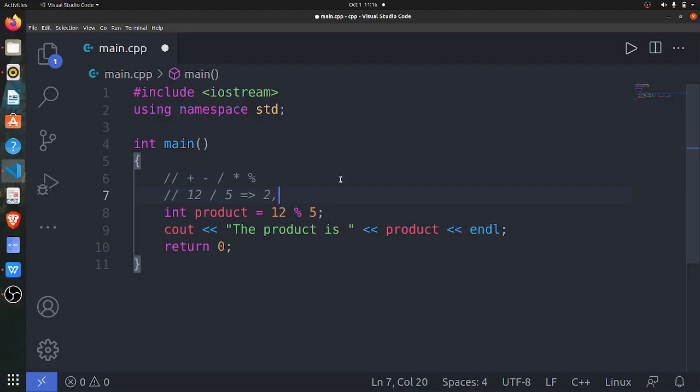If we do 12 modulus 5, the remainder will definitely be 2. I think I could have explained it better, sorry, I'll go through this again with another example. But for now, let's prove it by saying the modulus.